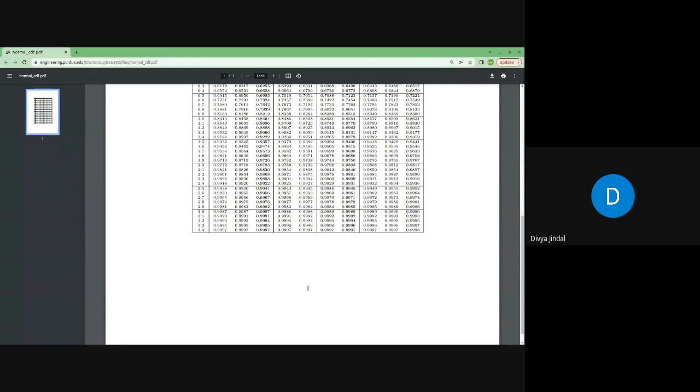Would it be possible for you to draw the graph over here of what area 0.9946 is actually giving, which area is being given by the table? Plus minus 3 standard deviation is 99.46. It will give the left portion of the line.